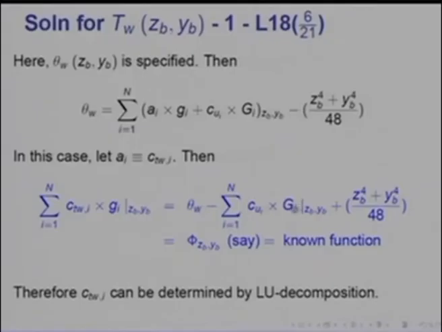G functions can be evaluated for z b, y b, and c u i, the coefficients from the velocity problem, are also already known, and therefore, the entire right hand side can now be specified.